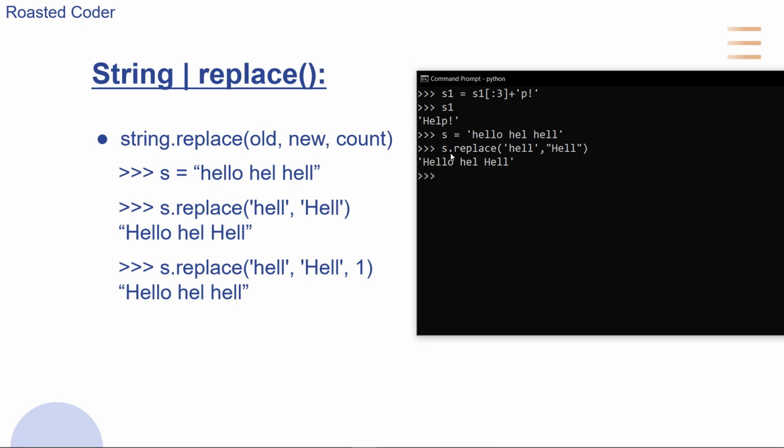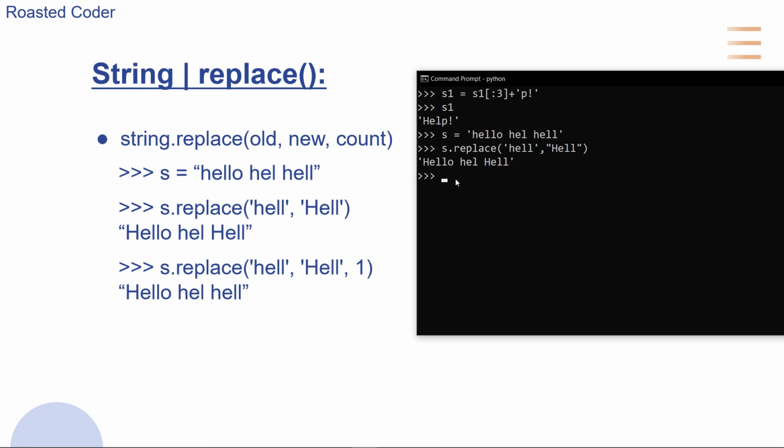Now you can see it's all the hell, it's not changing because this is not equal to this, and this is equal to this, and this substring is also equal to this. So all the HELL are changed to this.